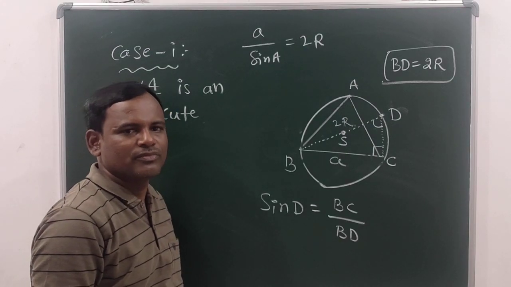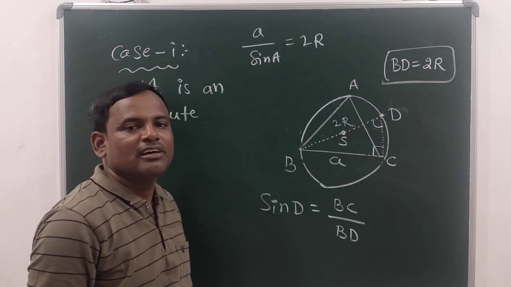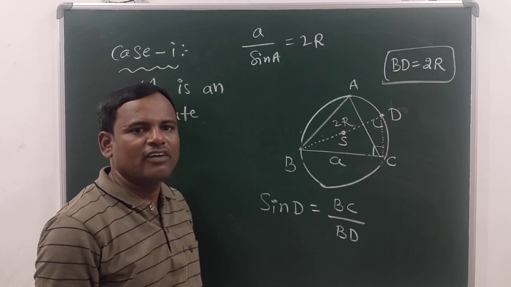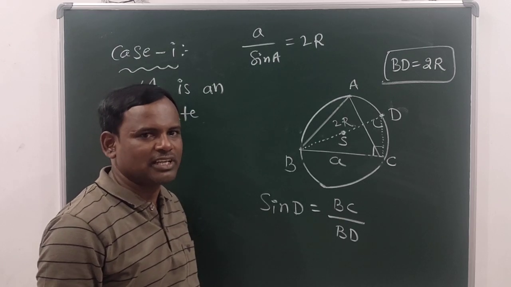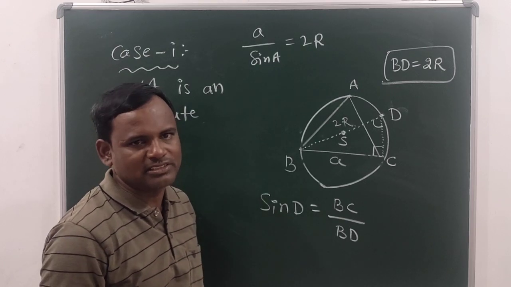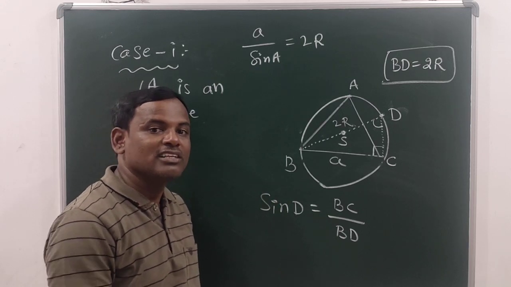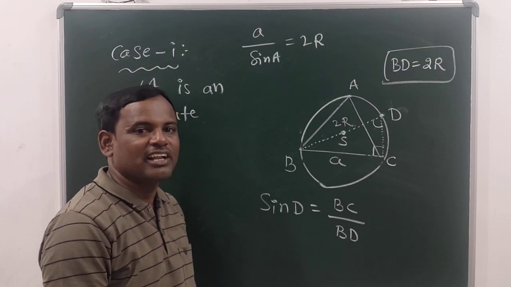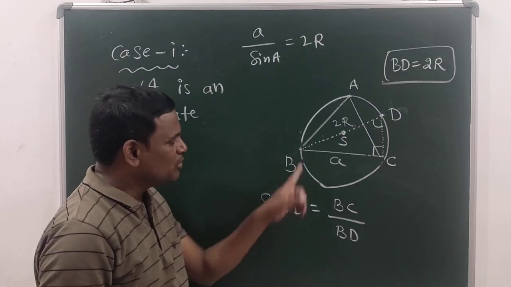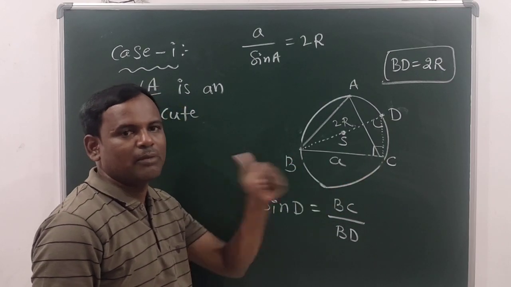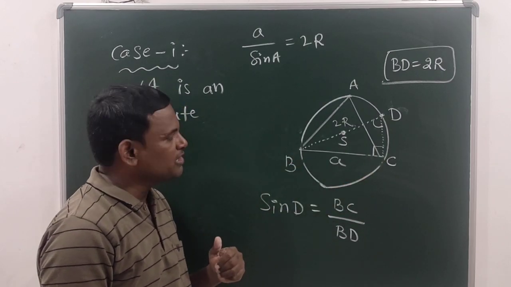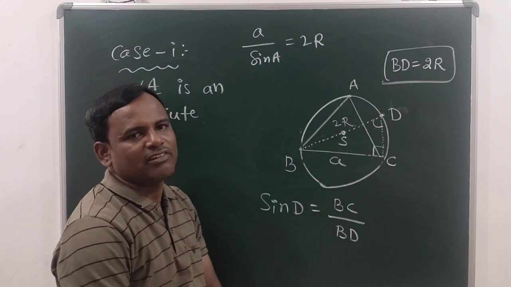It is one application of the degree measure theorem in the circles chapter of plane geometry: angles formed on the same segment of a circle are equal. So as per that application, you can say that these two angles are equal.